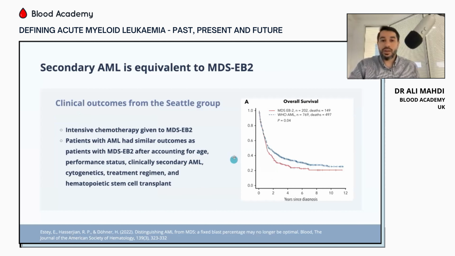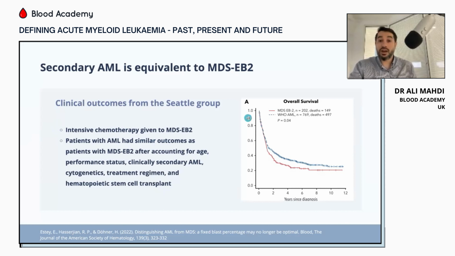The other thing to highlight was, what about clinical outcomes in patients if you compared secondary acute myeloid leukemia to patients with myelodysplastic syndrome with excess blasts 2, so a blast percentage of between 10 and 19%. And what this group from Seattle did was treat patients using intensive chemotherapy, which is the standard treatment that we would give for patients with acute myeloid leukemia, both to acute myeloid leukemia patients and patients with a blast percentage of between 10 and 19%.